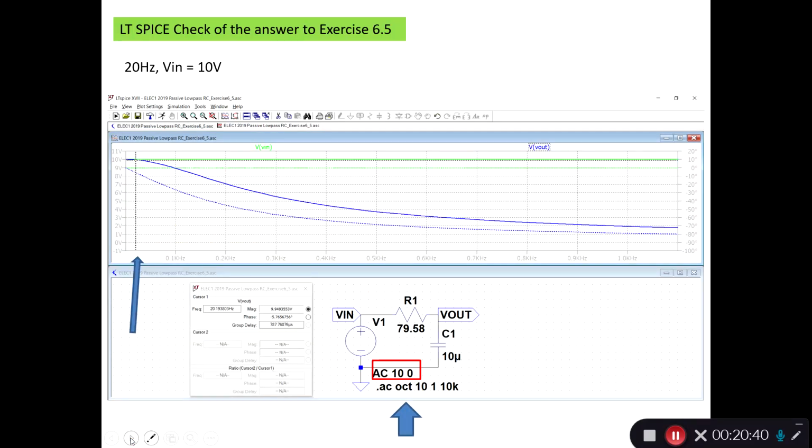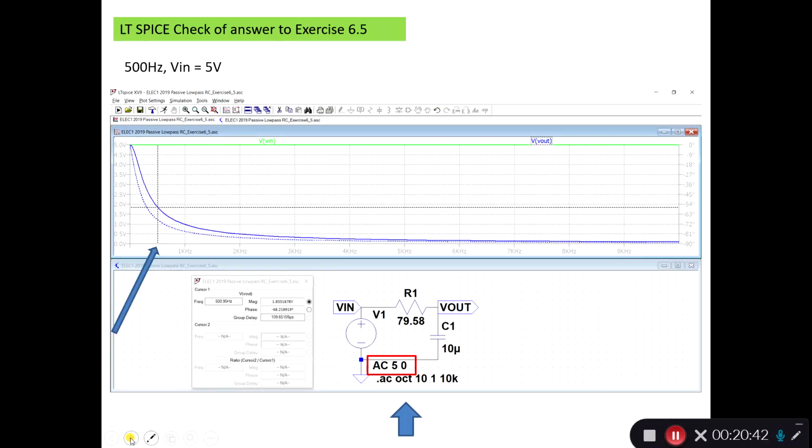Then I do that also for the 500 Hertz. Remember the source had a 5 as an amplitude. So I go in and check at 500 Hertz what the output of the filter is.